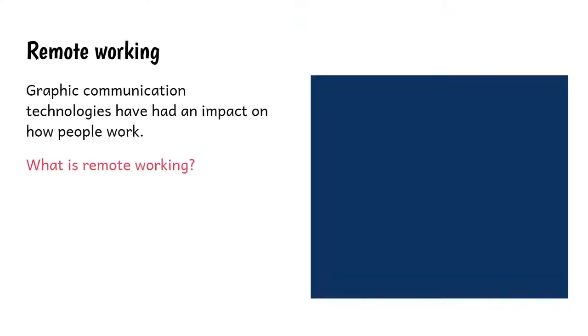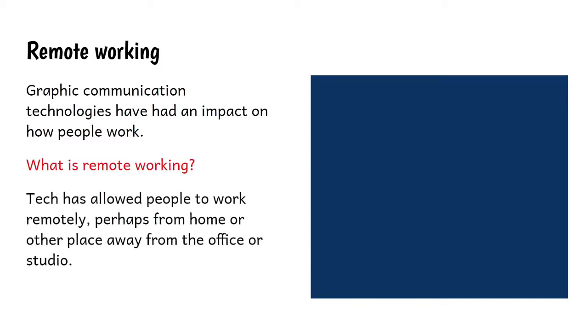So, remote working has come about because graphic communication technologies have had an impact on how people work. Illustrators and designers and graphic artists inevitably these days spend quite a lot of their working time sitting in front of a powerful computer. But what do we mean by remote working?